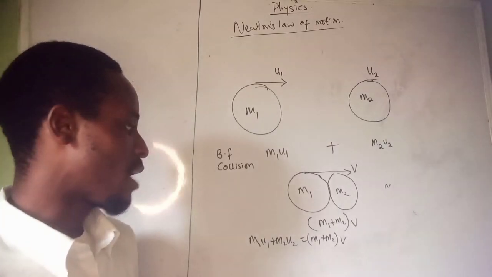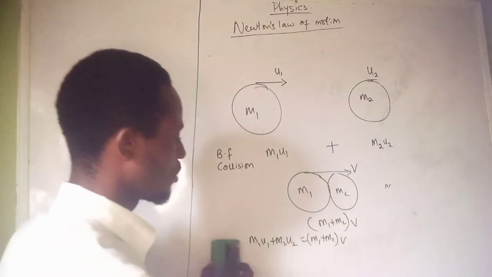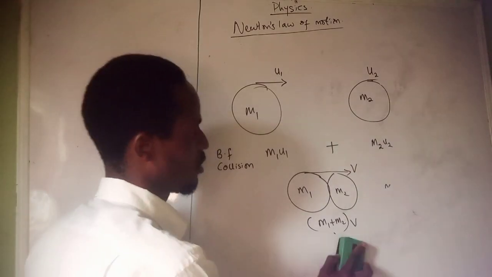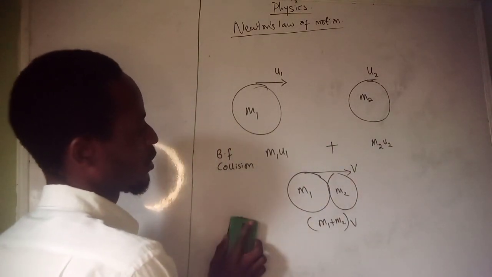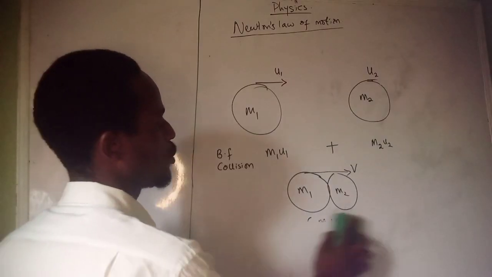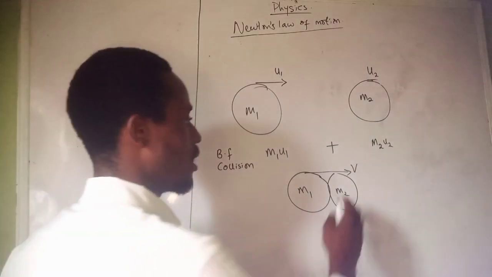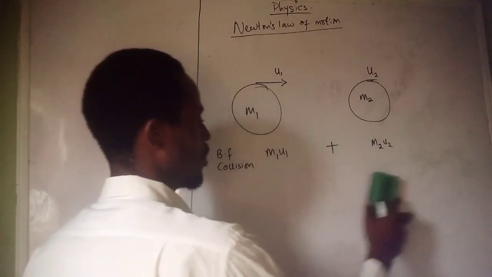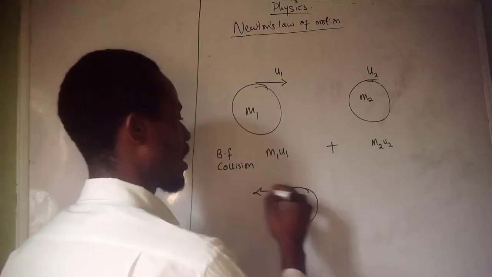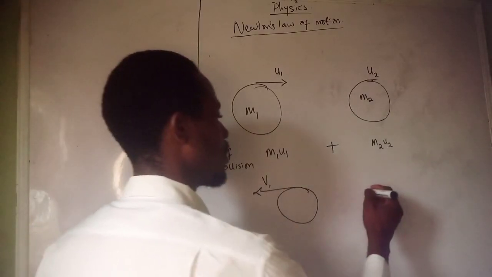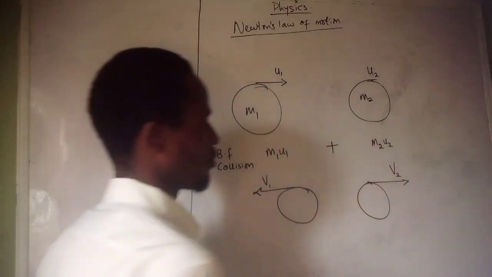So good. Having this is an inelastic collision. Then you can also have elastic. The elastic collision is just like when the two bodies hit one another and they separate and move in their respective directions. So let's say after collision, when they hit, this one moves back with velocity v1 and this one moves like this with velocity v2.